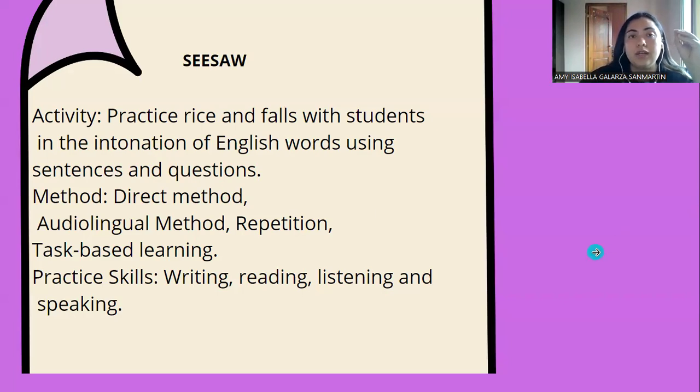For example, in this cartel, there are sentences and questions, and they need to mark in their worksheets, because I'm going to give them worksheets about the same cartel with the same information and slightly different sentences, and they need to find in which part of the sentence or in which part of the question the intonation rises or falls, about the basic rules about intonation.